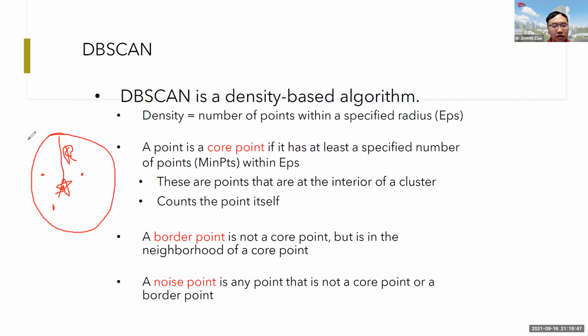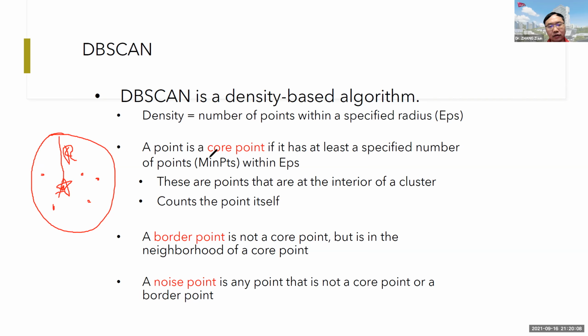Scan means you sweep the area, then you get a circle. Then you see how many data points are included within this circle. It quantifies density. The density means the number of data points you included.